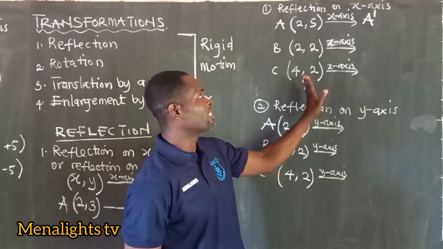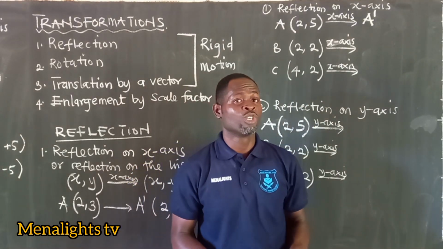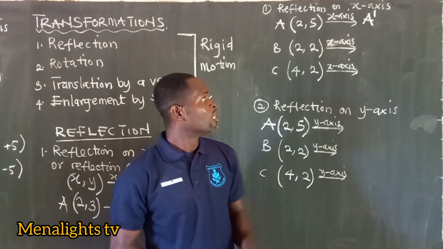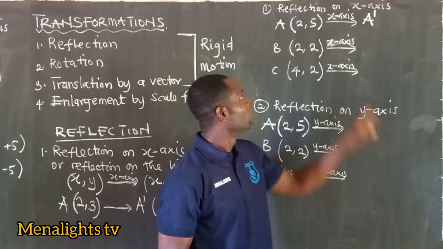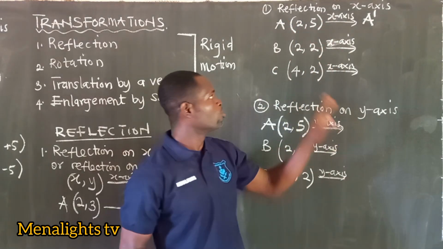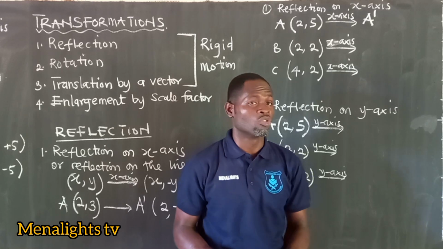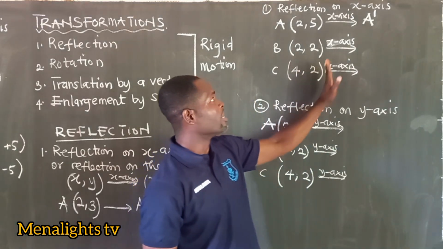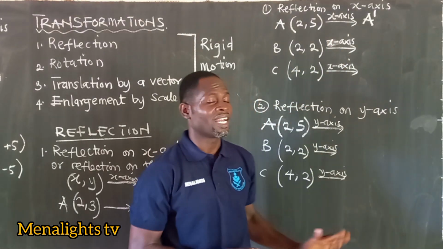We have a past question here. We are going to use this past question to draw a graph. Before we draw the graph, we have the points A (2, 5), B (2, 2), C (4, 2). Now we are going to reflect these same points on the x-axis and then the y-axis.